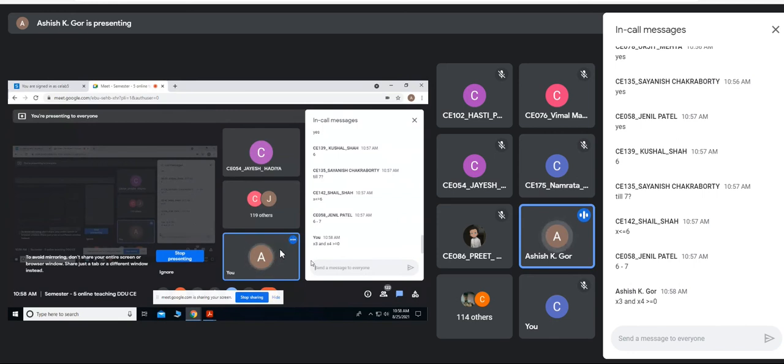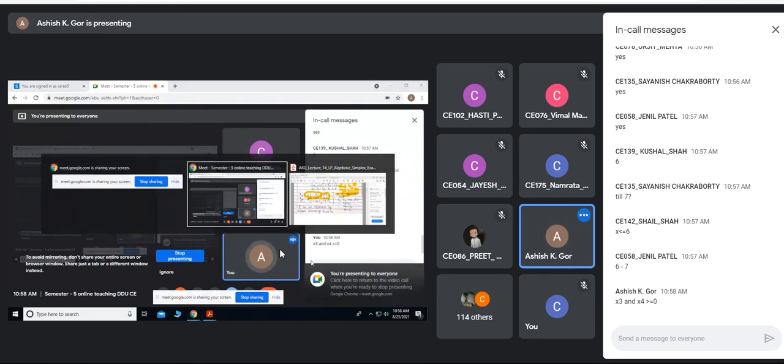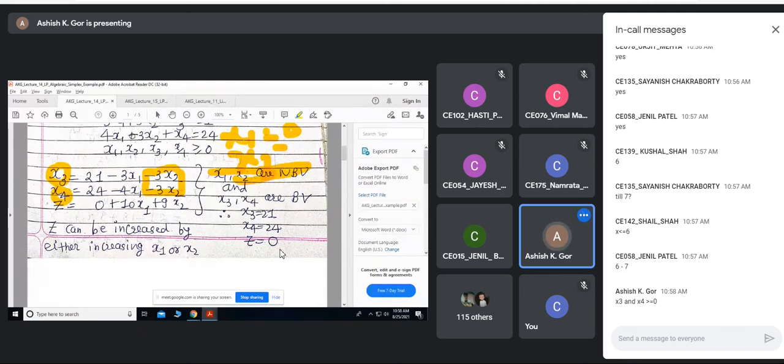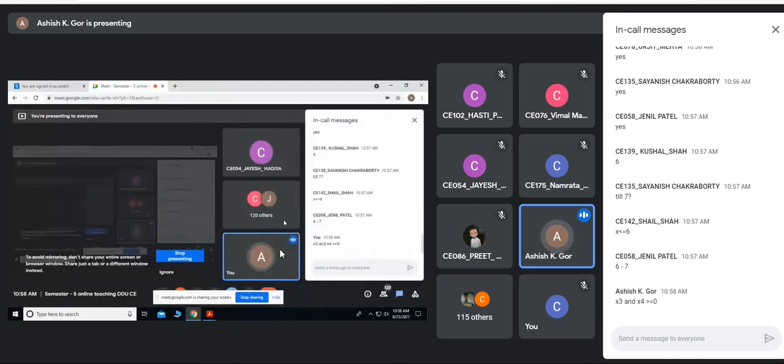The minimum value that x3 can take is 0, and that will happen when you set x3 to 0. So 21 minus 3x1 is 0, which means x1 is equal to 7.